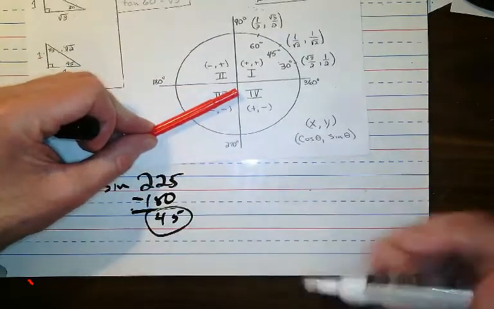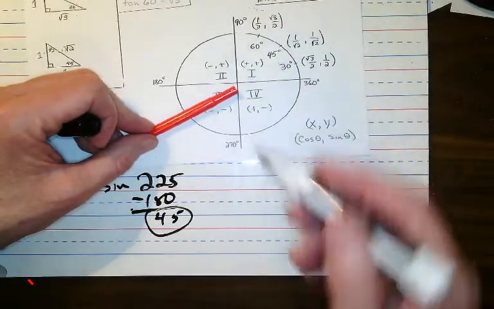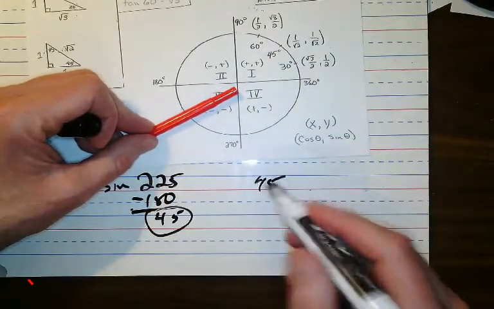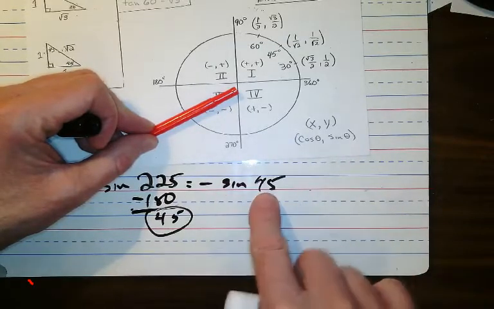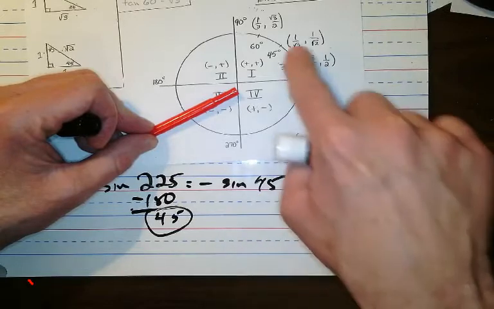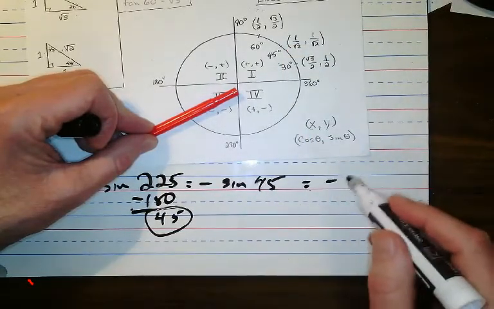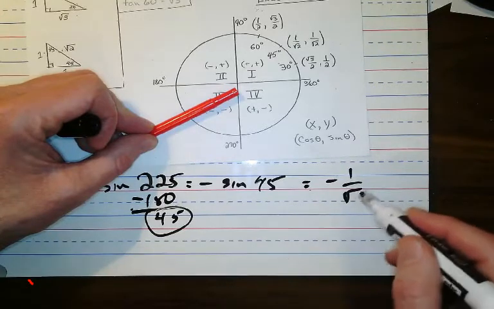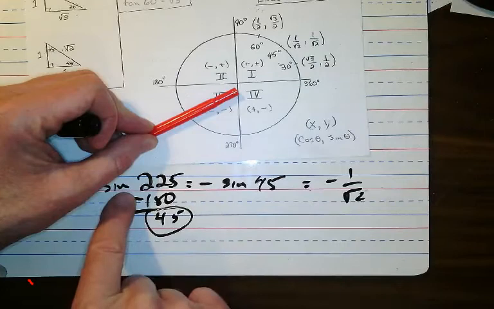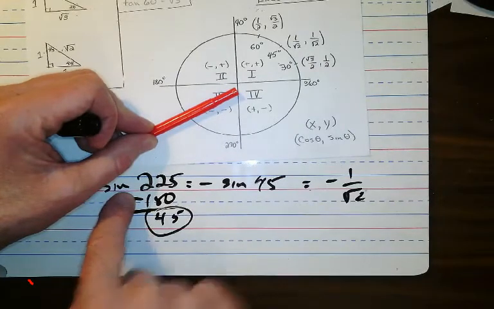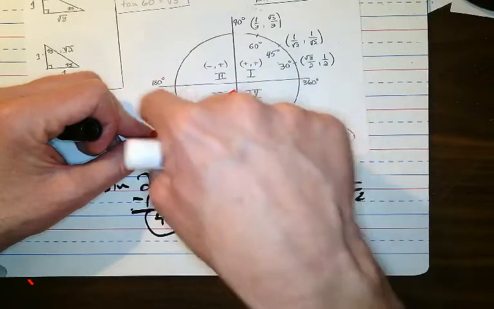So if the reference angle is 45, then the sine of 225 has to be the opposite of that. What's that? It's 1 divided by the square root of 2. So that's going to be negative 1 over square root of 2. If I know what 45 is, then I automatically know what 225 is. Why? Because 225 is 45 away from the 180, right?